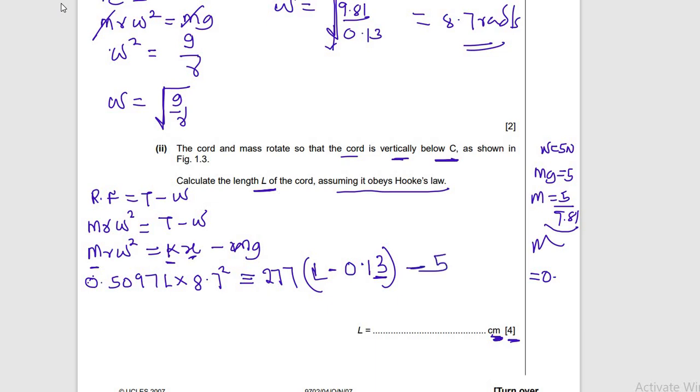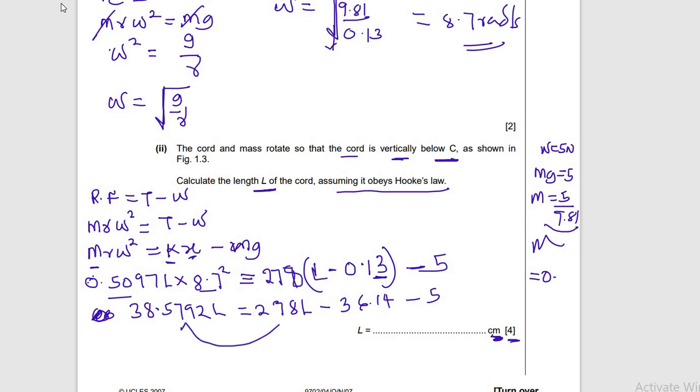So when you multiply this times this, punch your calculator, that will be 38.5792 L equals, open the bracket, 278 L minus 278 times 0.13, which gives us 36.14, minus 5.